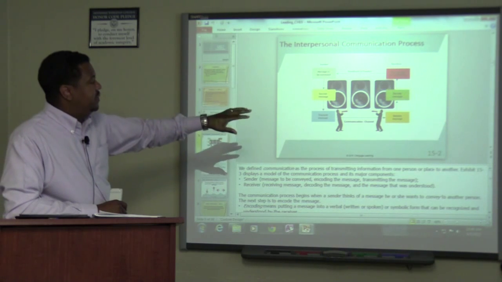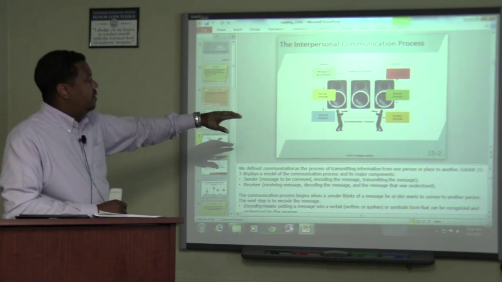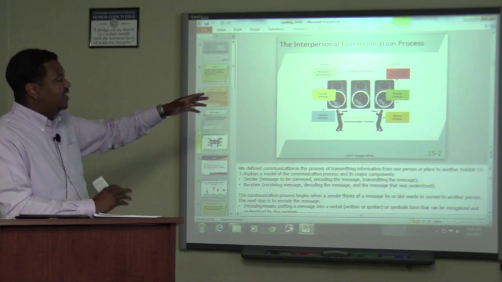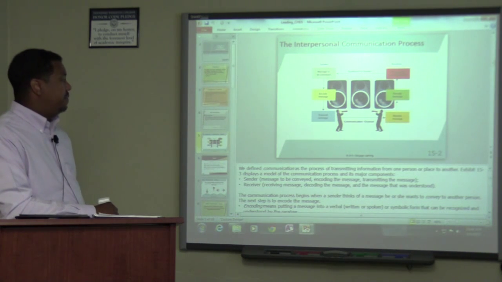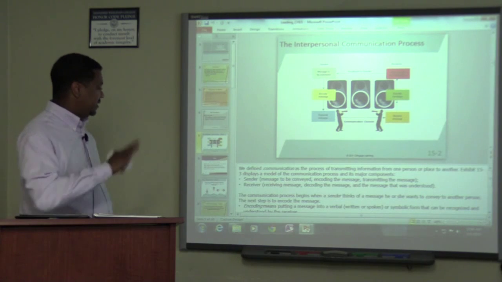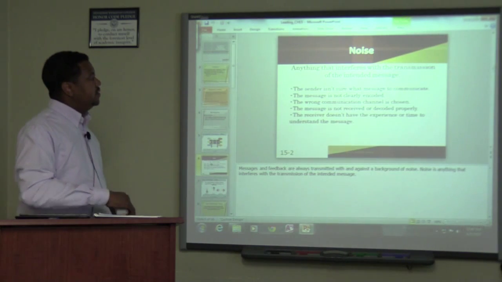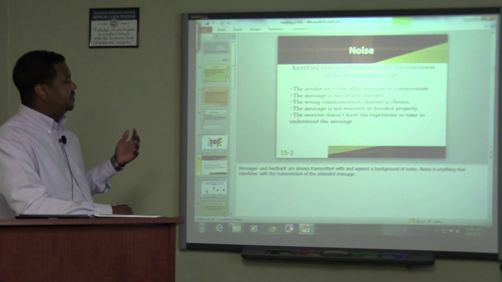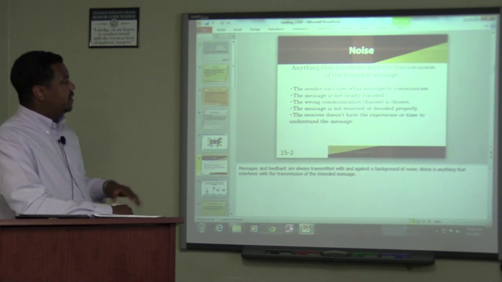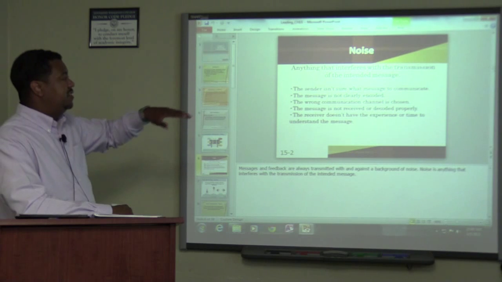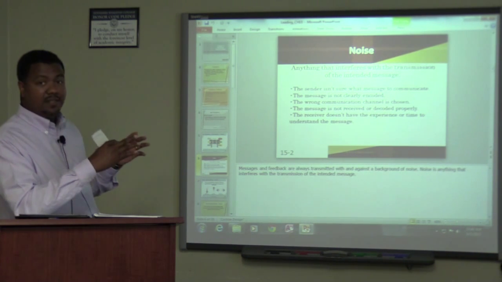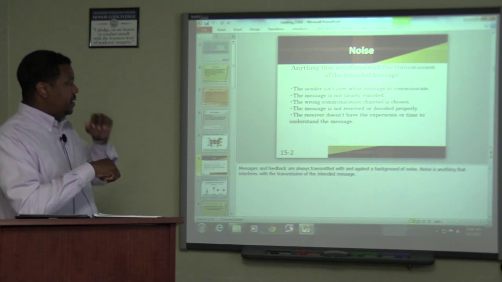All these other things that we can see here in the background are considered noise, which can distort the overall message that we're receiving or sending. So we see noise as those things that interfere with the transmission of what we're actually trying to send. The sender may not be sure what the message should convey or communicate. The message is not clear or not encoded correctly.